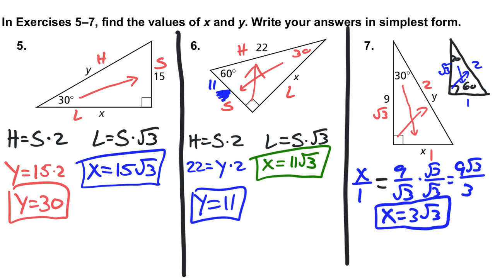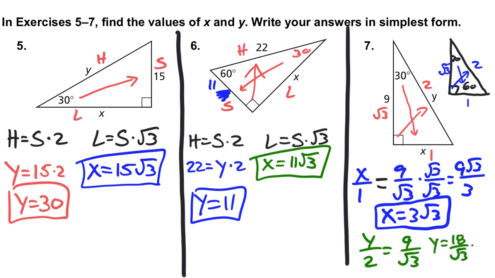Let's look at our last proportion that we need for this specific one. I'm going to find y. Y compares to 2. And then I'm also going to say that my 9 compares to my square root 3. So I'm going to multiply both sides by 2. So I'm going to get y equals 18 divided by the square root of 3.